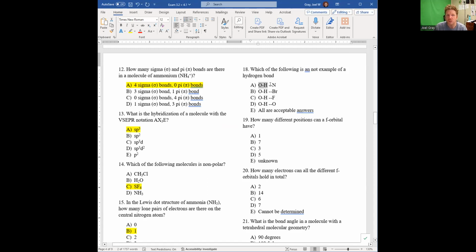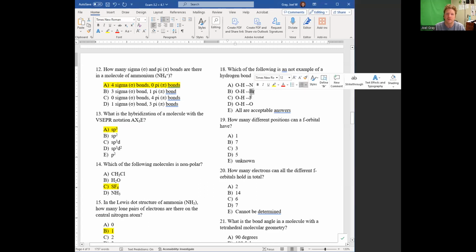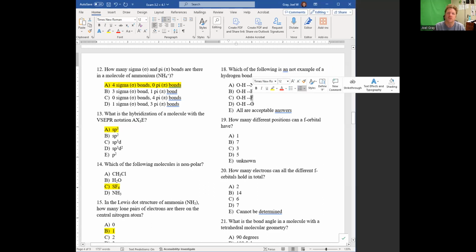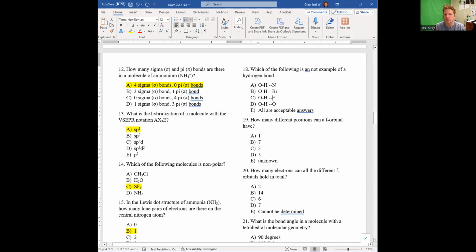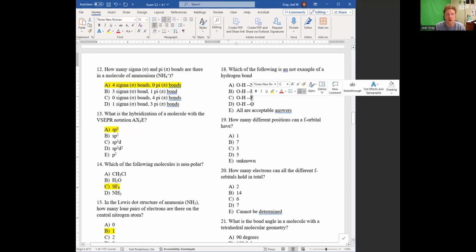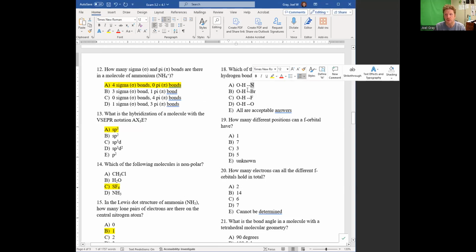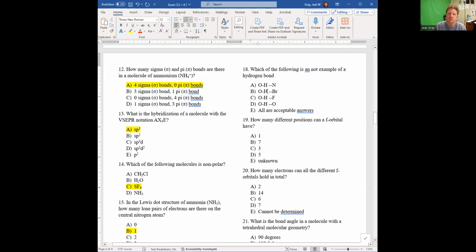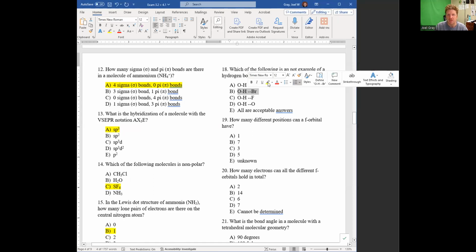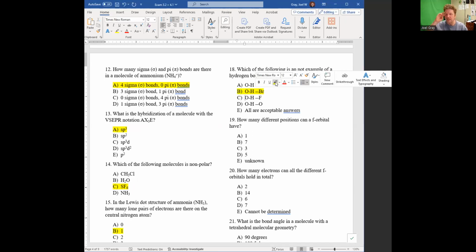So we want OH and then something else that's super electronegative. We've got nitrogen, bromine, fluorine, and oxygen. We know that fluorine is our most electronegative element. Oxygen and nitrogen are also fairly electronegative. So nitrogen, oxygen, and fluorine are generally indicators that a hydrogen bond is present. So answer option B is something that is not an electronegative element.